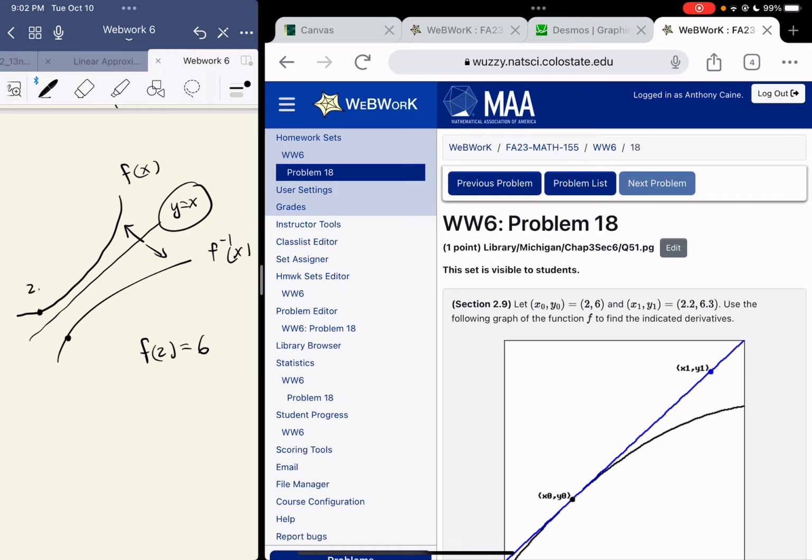So maybe this is the point 2, 6. And then when I reflect it over the line y equals x, this will be the point 6, 2. Right. So f of 2 equals 6. That's where that comes from. Whereas g of 6 equals 2 is where that comes from.